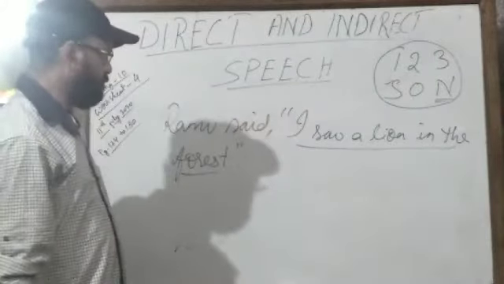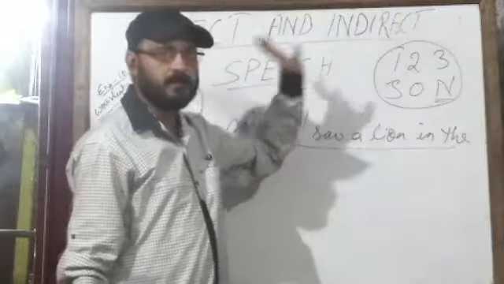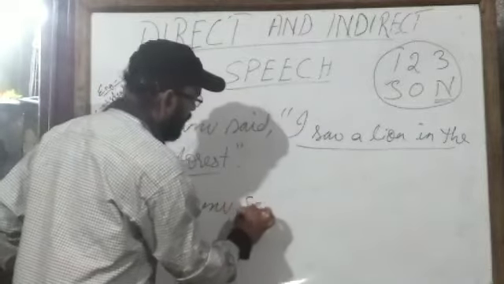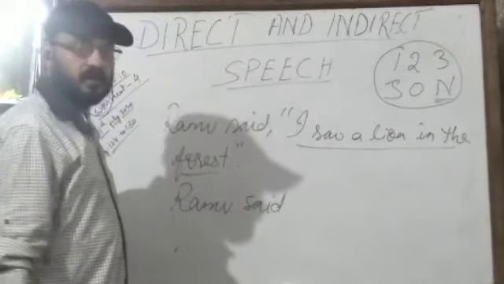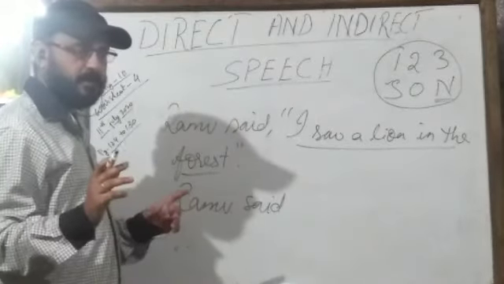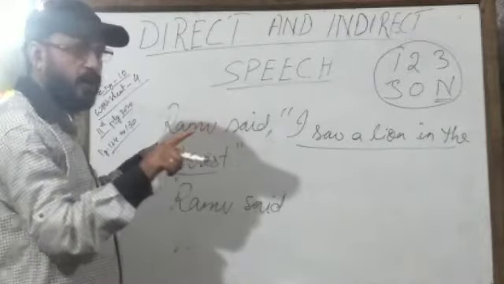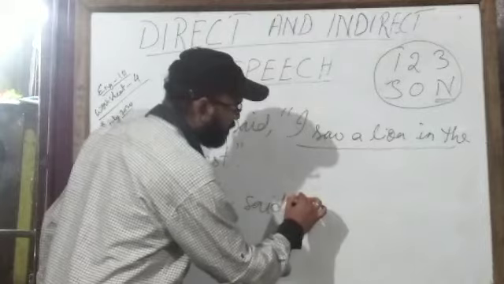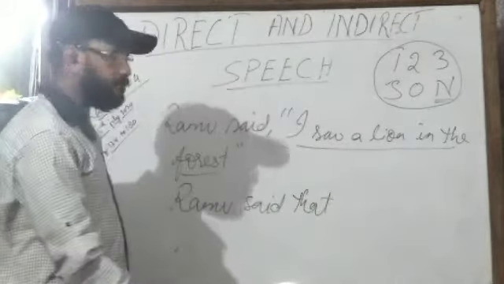So we will change it. The first person changes to the subject of the reporting verb. So Ramu said, when the sentence of the reported speech is a declarative statement, then removing the inverted commas, we need to add the relative pronoun that. Alright?